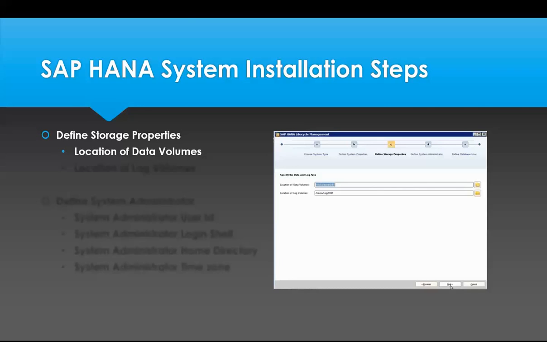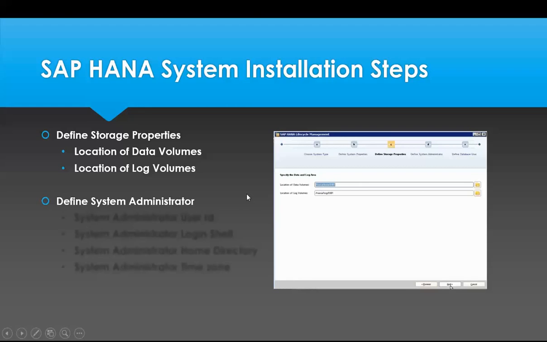LSM may detect the presence of these directories itself, that these are the places where it will save the data volumes and the log volumes, and it just proposes to use it. After that, you just click on next. You don't need to provide any other location, it just picks up itself.